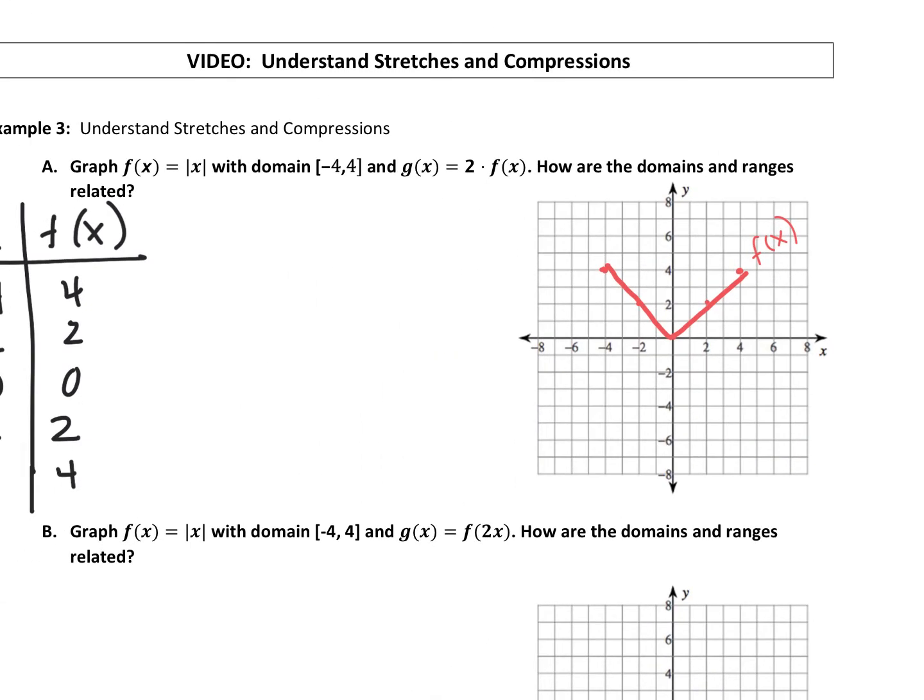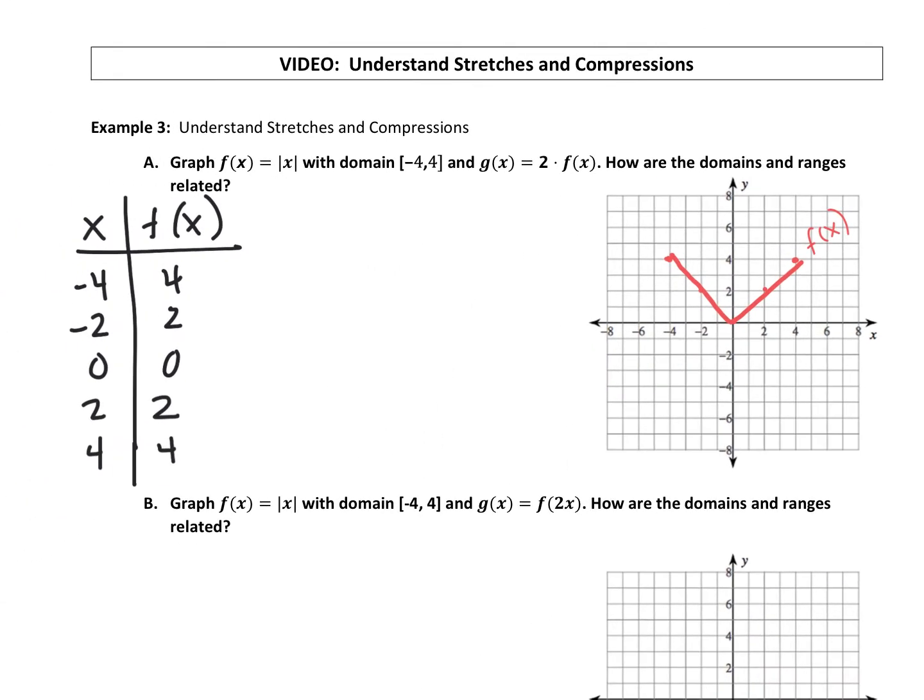Okay, now they want us to find g of x, and so let's just add onto this table. Our g of x is going to be 2 times whatever the f of x value was.